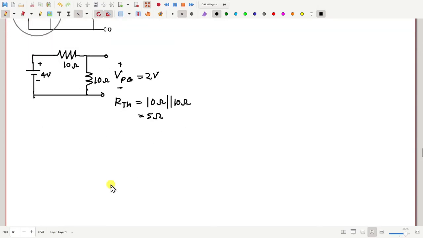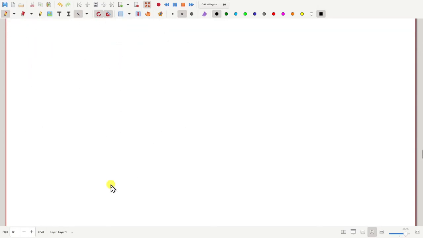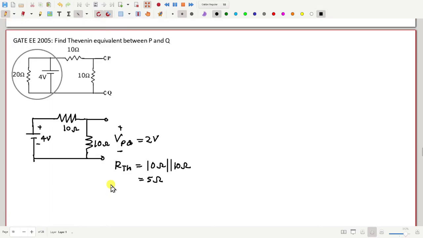So let us move to another question. Hello, sir. Why was the 20 ohm not important? Yeah, so let me call this A and this B. Between A and B, what is the Thevenin equivalent?